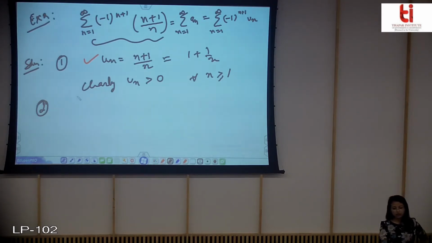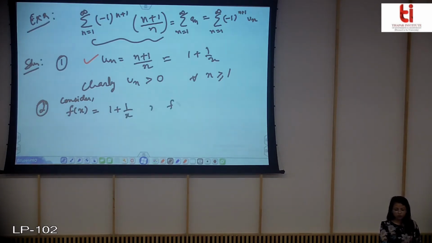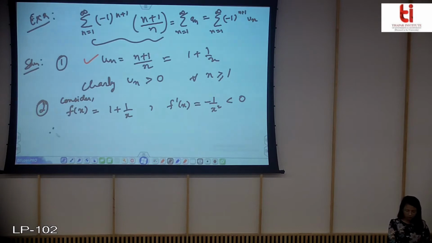So you have got one tick mark on the first condition, and then you need to check whether it is decreasing or not. For decreasing, you can consider f of x equal to 1 plus 1 by x. Now if you differentiate this, you will get minus 1 by x square, which is less than 0, and therefore f is decreasing for every x greater than or equal to 1.